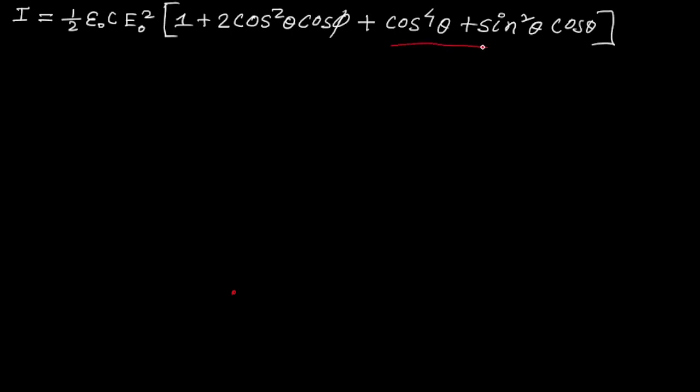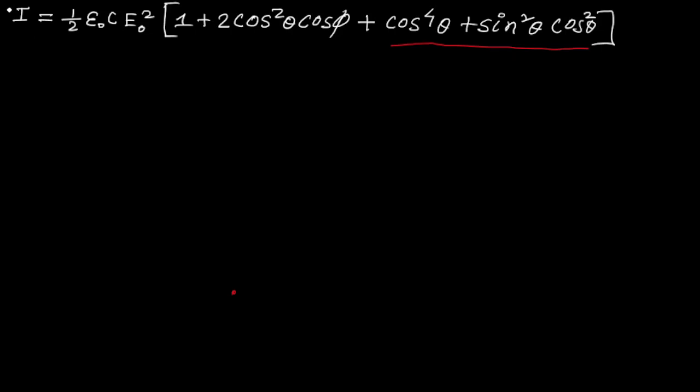Then take a look at these two terms. You can take cos square theta common. If you take cos square theta common, then we get cos square theta plus sine square theta, that will give you 1.